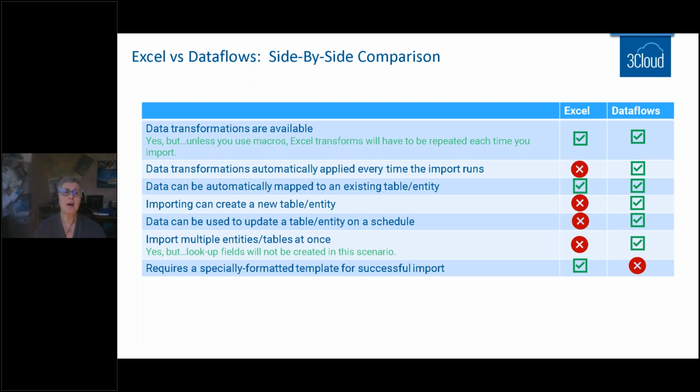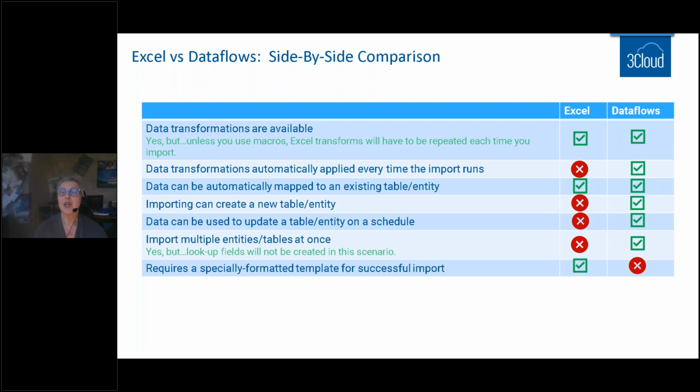Both will allow automatic mapping to an existing table or entity in the database. I will tell you, the data flow mapping tool is still not quite up to snuff. I haven't been using it much because it's not there yet.